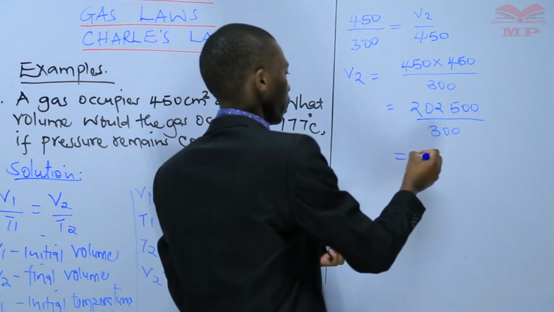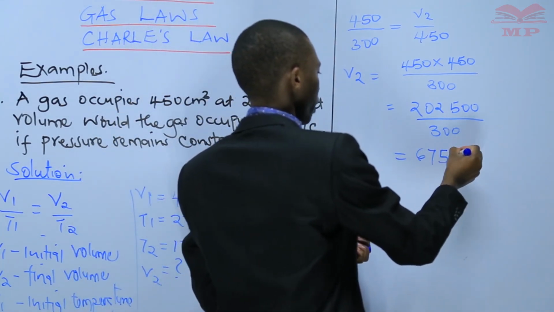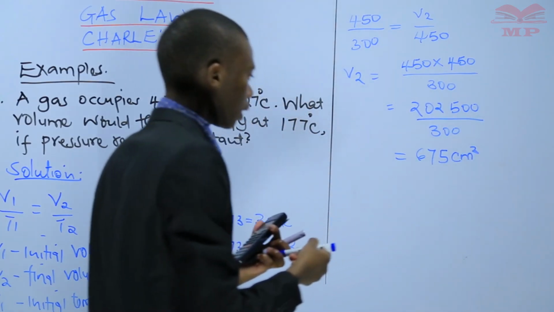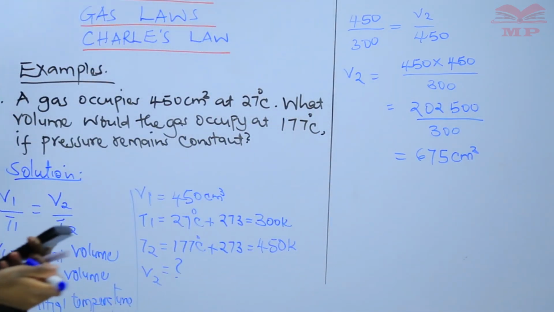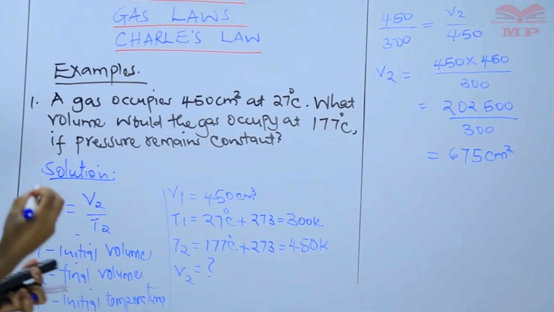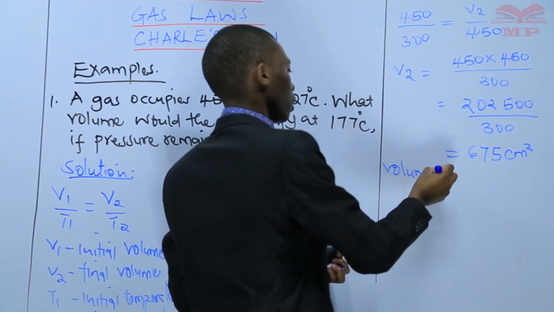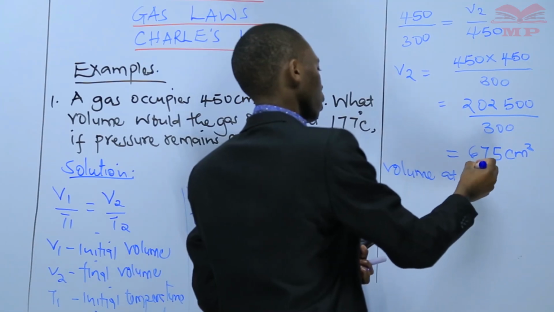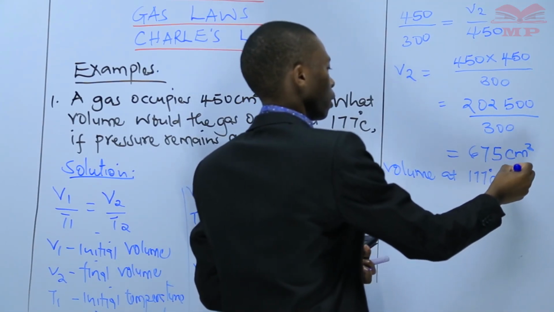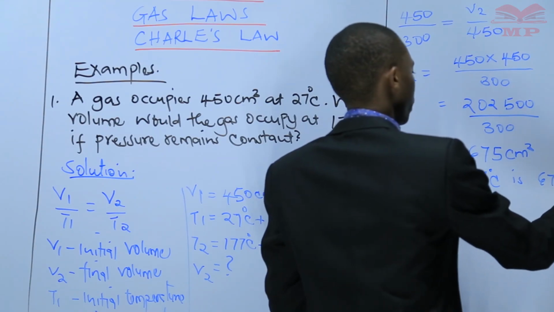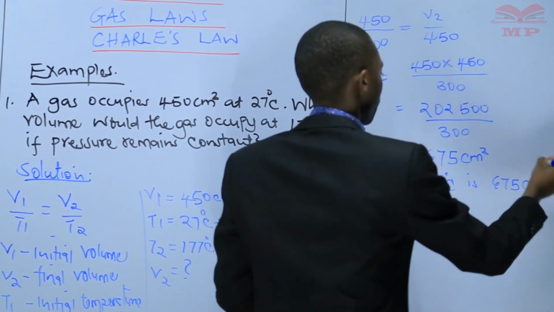That gives you 675 centimeters cubed. You should not forget the units because that is the volume. Therefore, the volume at 177 degrees Celsius is 675 cubic centimeters.